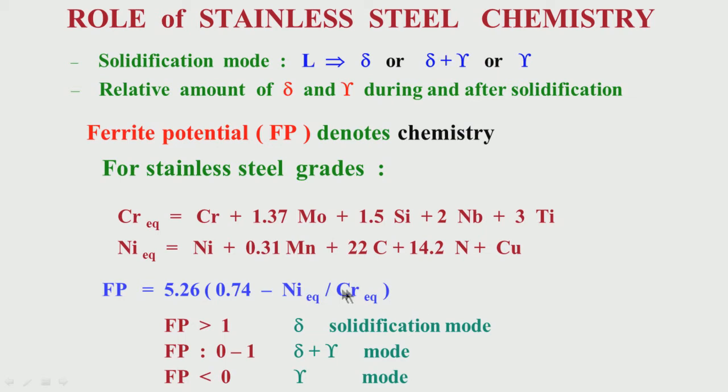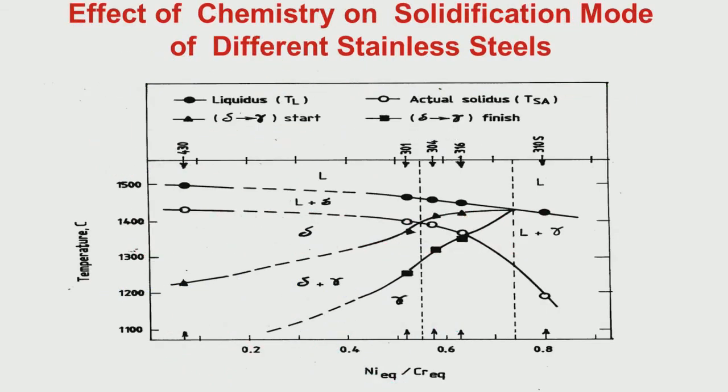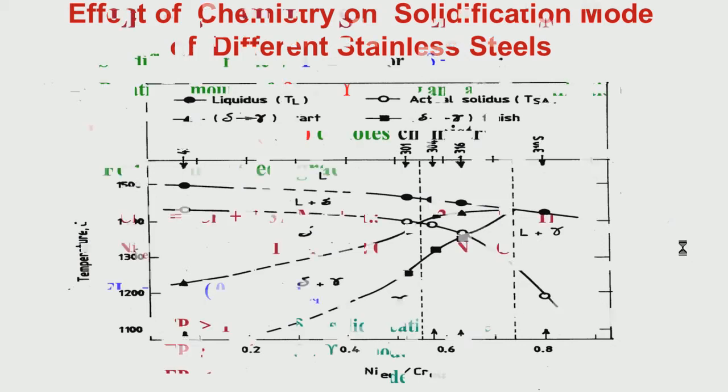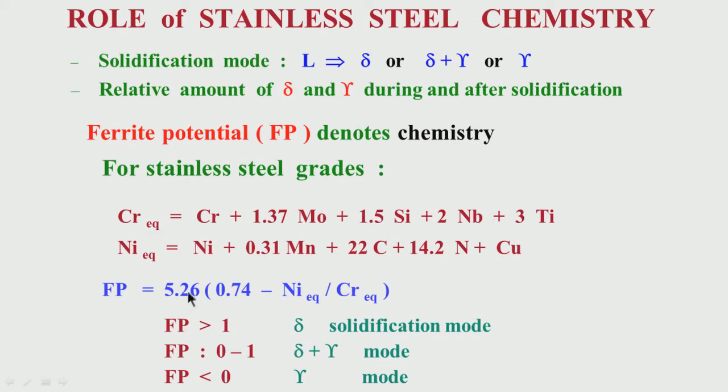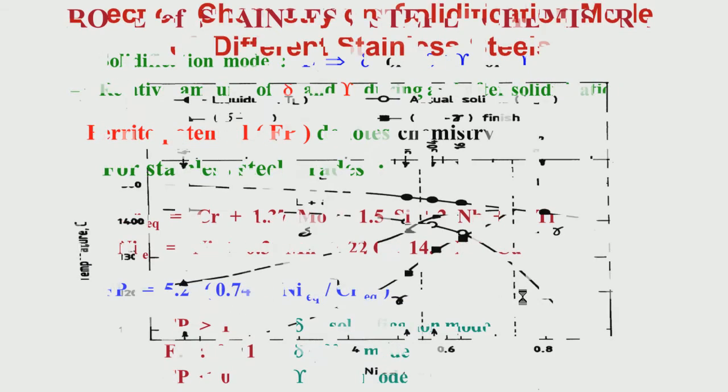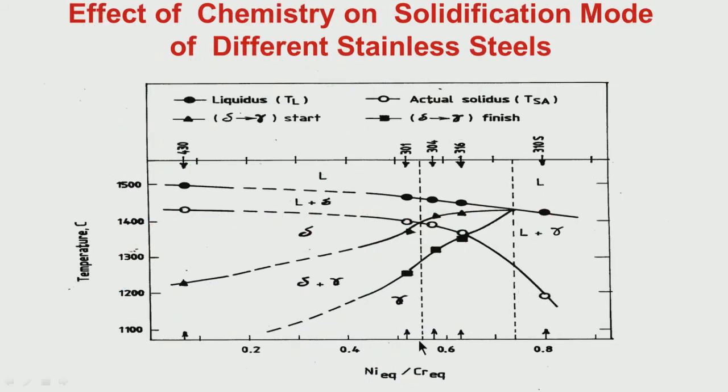If the nickel equivalent to chromium equivalent ratio is less than this figure, 0.55, then your solidification is totally delta.